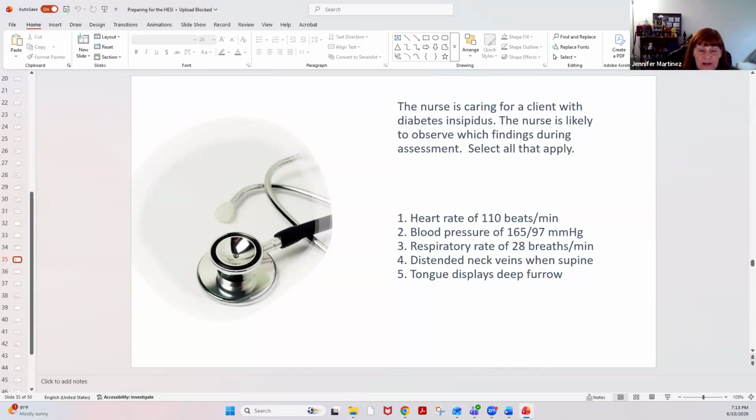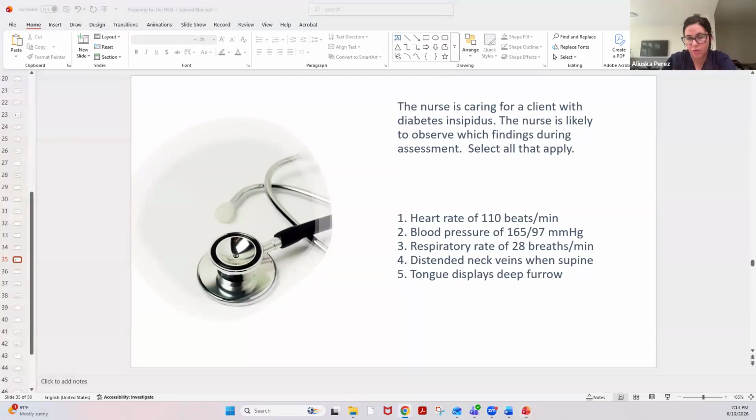We have a heart rate of 110 beats per minute, a blood pressure of 165 over 97, a respiratory rate of 28 breaths per minute, distended neck veins when supine, and a tongue that displays a deep furrow. I would say 2, 4, and 5. I would say 1, 3, and 5.